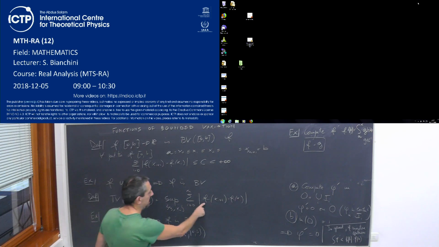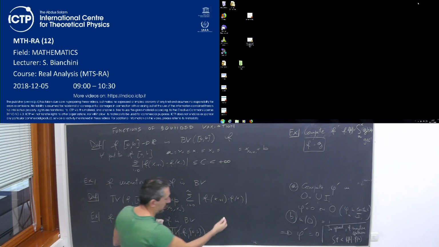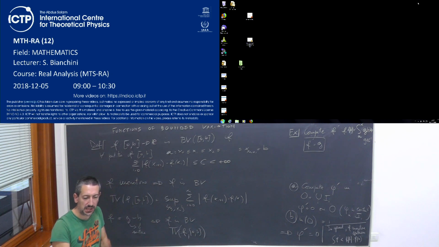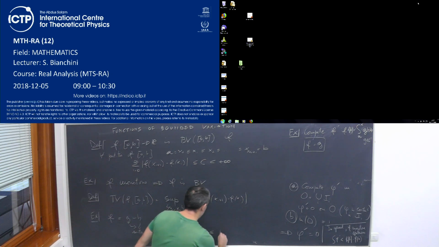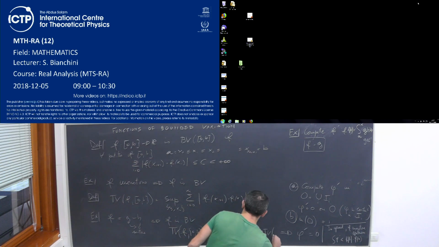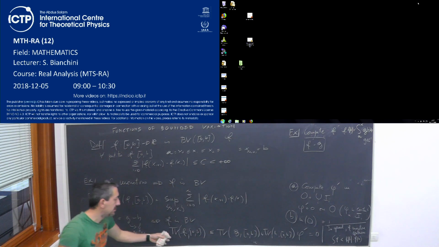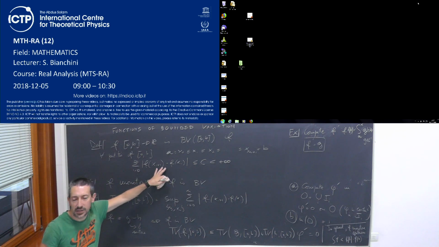Here you have g(y) minus h(y) minus g(x) plus h(x), which is less than or equal to the variation of g plus the variation of h. With two functions, it is just the triangle inequality.